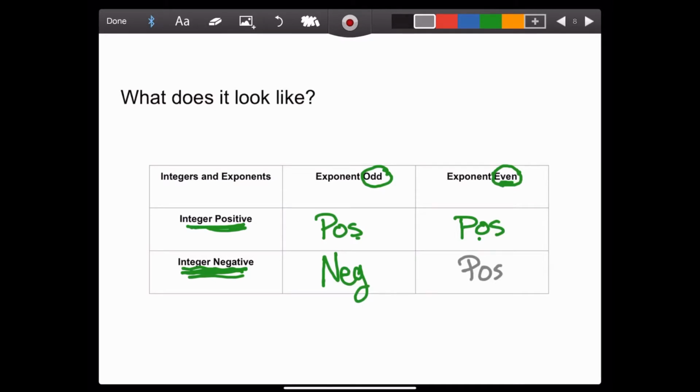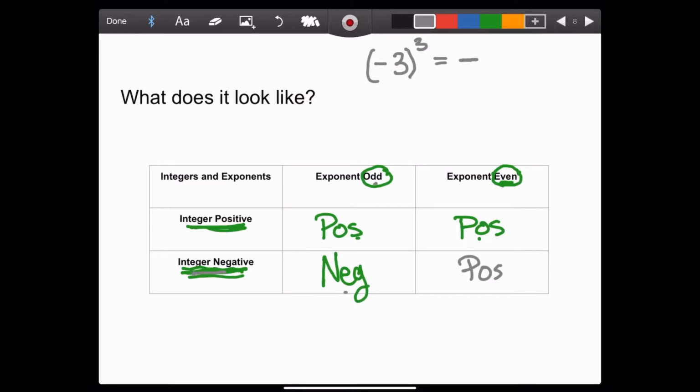Okay, so this is wrapping up the lesson here. I do want to make a note for you that when you have a negative 3, and it's raised to the power of 3, we said that I have a negative integer and it's odd, so it's going to be negative.